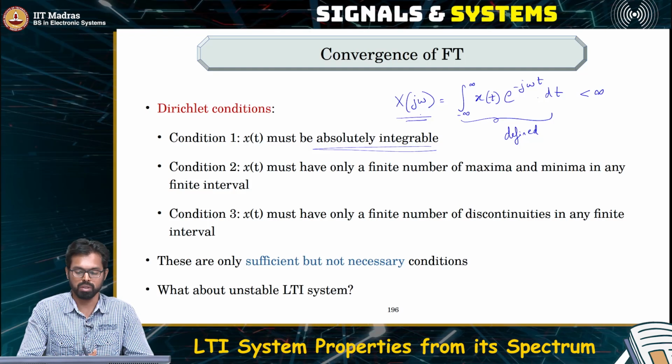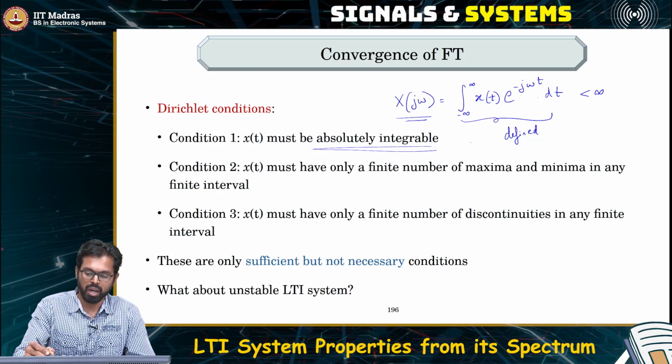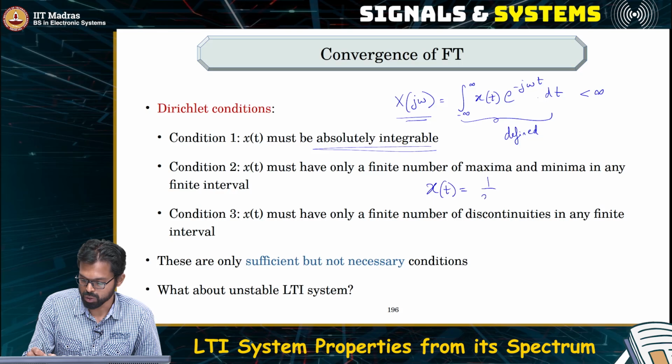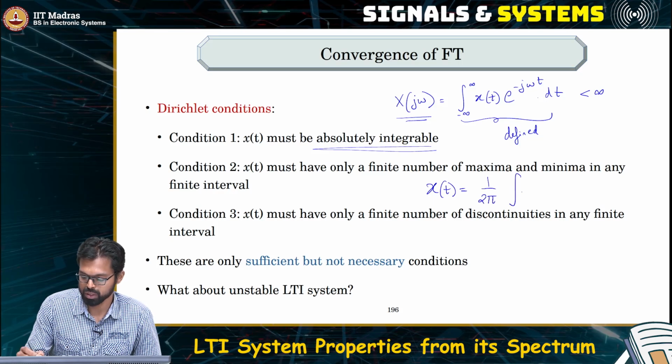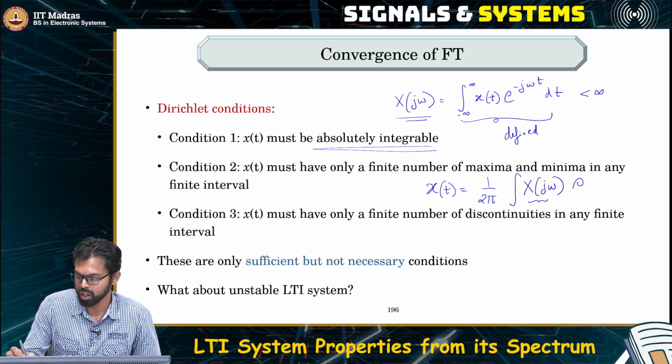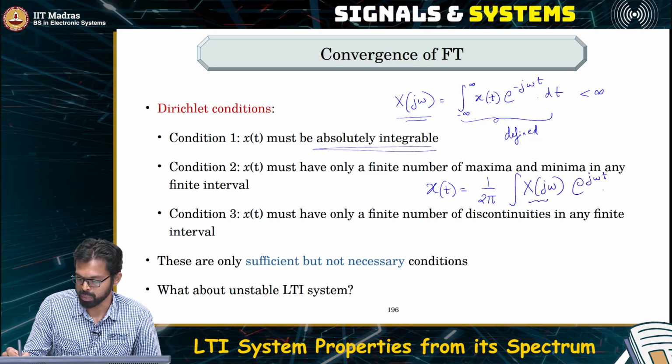Same thing as what happens in Fourier series, because whatever we have here, x of t is equal to 1 by 2 pi times the integral. Basically what are we doing? We are taking the coefficients for the phases that we are going to add up.